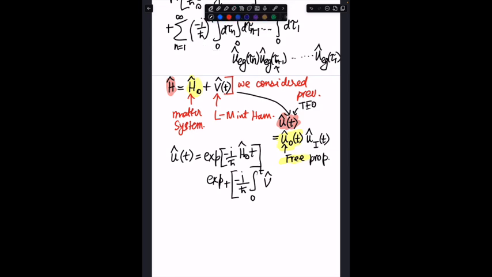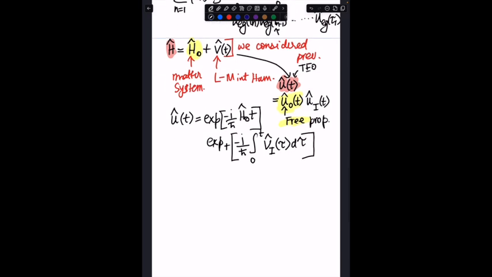But if I've used something else, I apologize. So then you write it as V_I of tau d tau. And in this case, this V_I of tau was written in the interaction picture with respect to your matter system. So what that means is that you write e raised to the power i H0 tau over h bar, and then you have V of tau, e raised to the power minus i H0 tau over h bar.